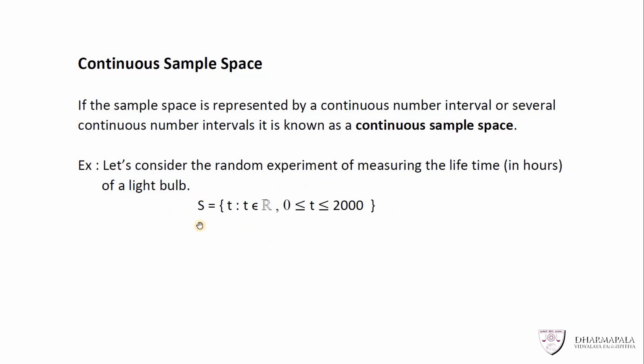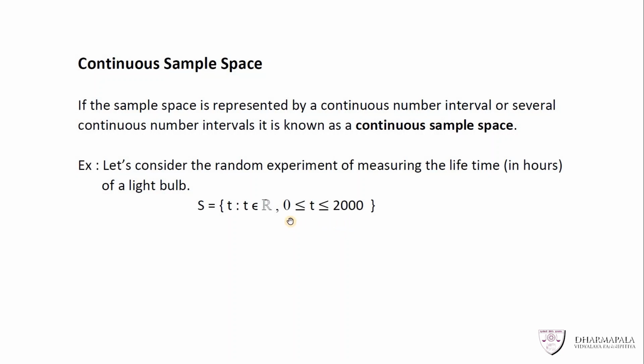We are using the set builder method for these kinds of cases because it is easier to represent the sample space that way. So t is the time. t is a real value. We will assume the maximum lifetime of a light bulb is 2000 hours.